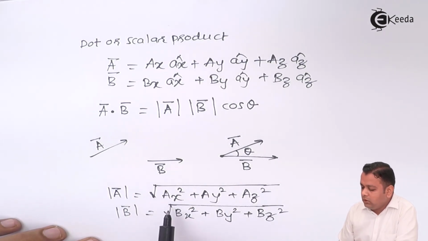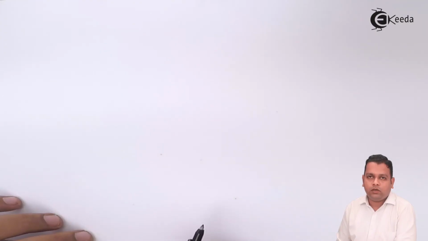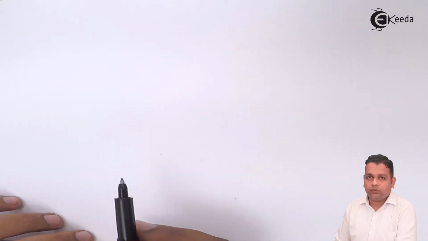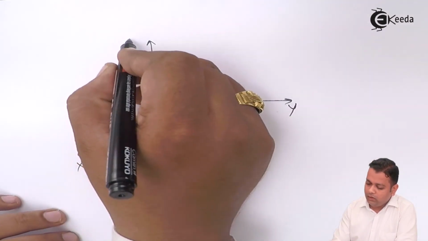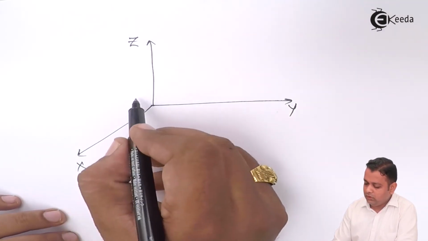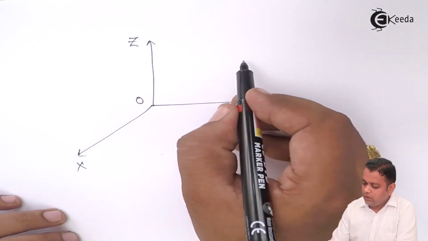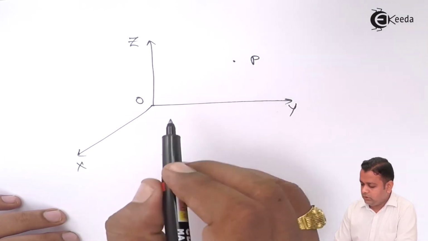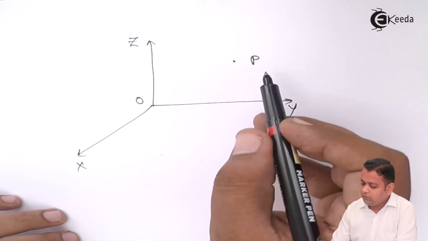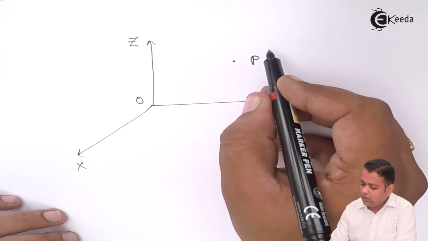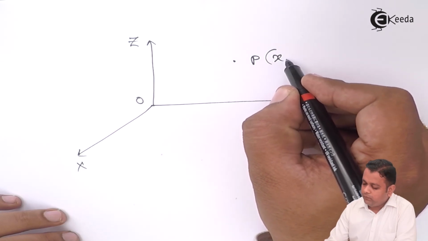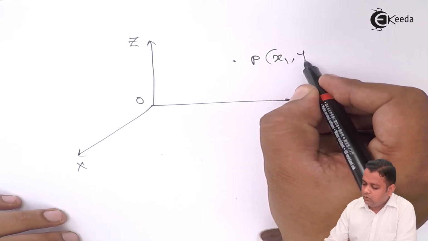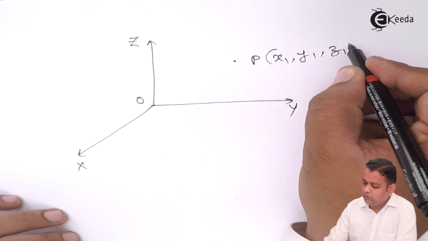This is actually from the distance formula. In three-dimensional space, suppose x, y and z axes are there intersecting at the origin and a point P is there, having the coordinates, let us say, x1, y1, z1.